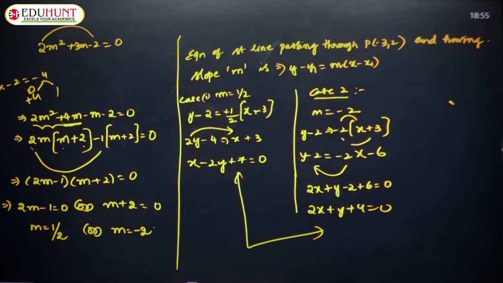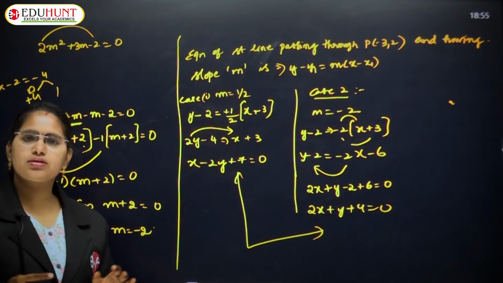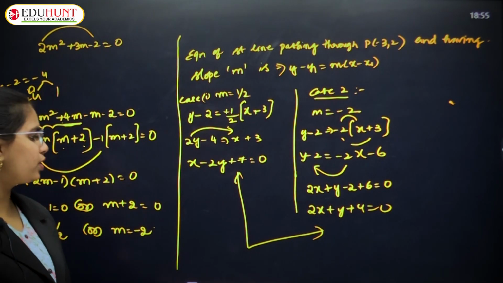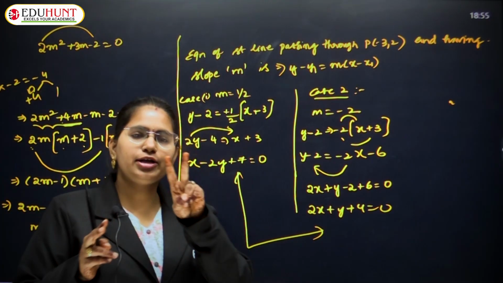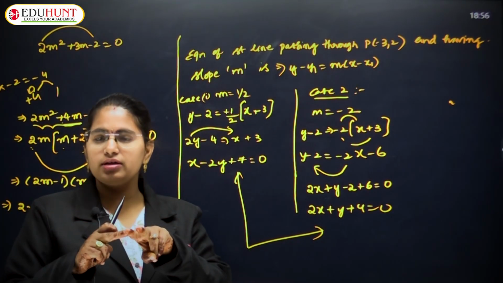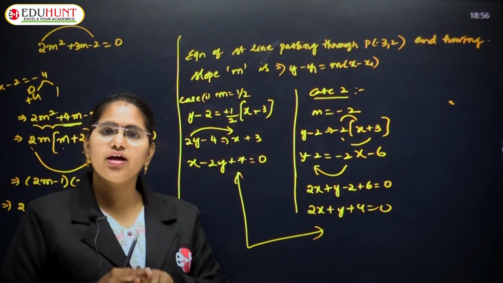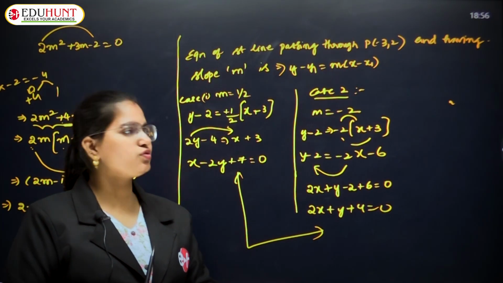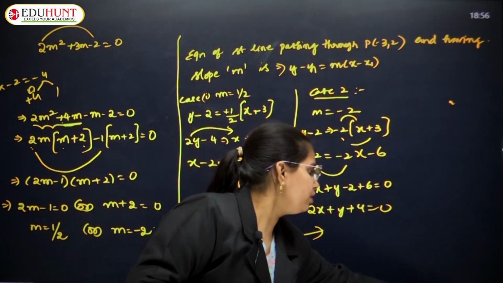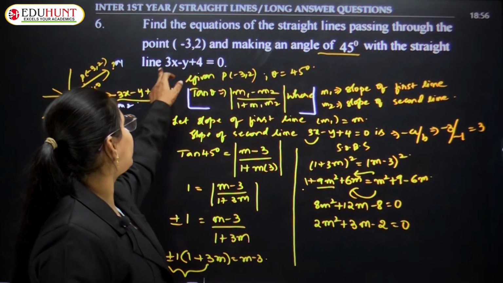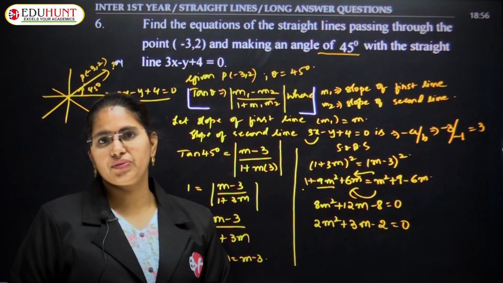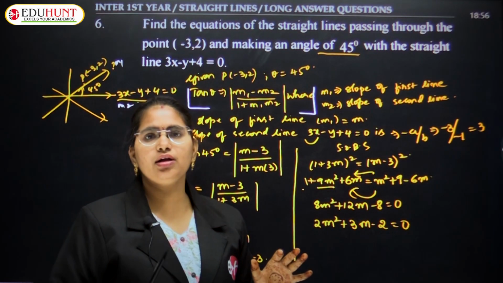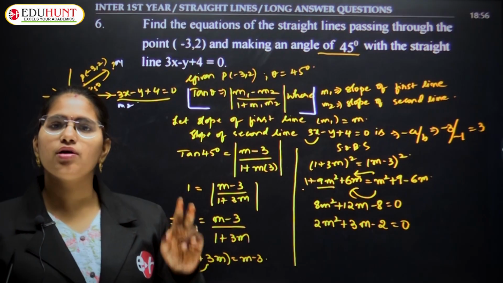Please have a glance of the problem once. Make sure you are clear about this problem. So just overview of the problem I want to give one more time. I need to find two equations of straight lines which is making an angle of 45 degree here with the straight line. What is the straight line given here? 3x minus y plus 4 equal to 0. So imagining angle between the two straight lines is 45 degree.